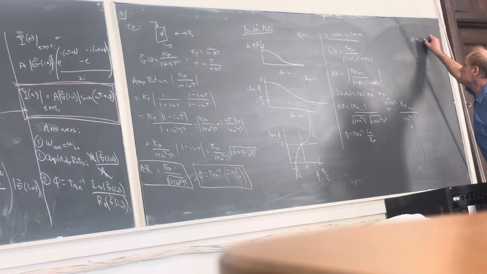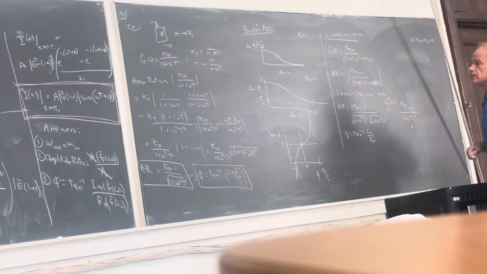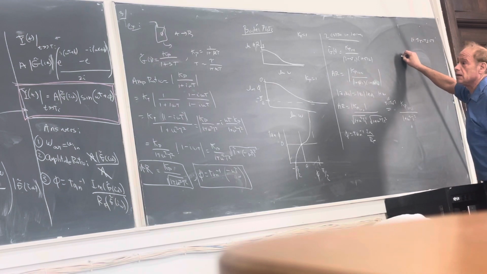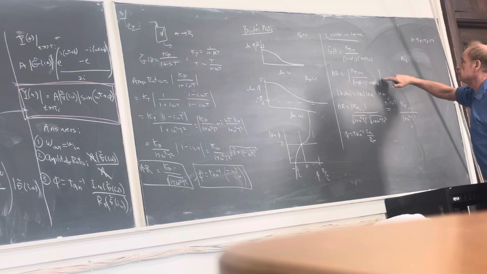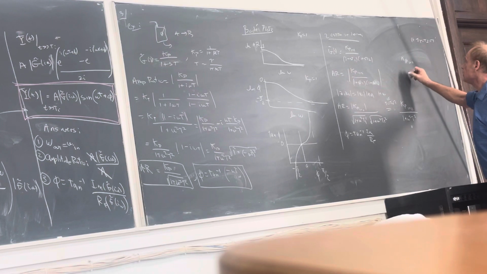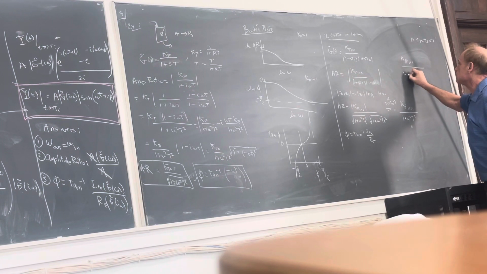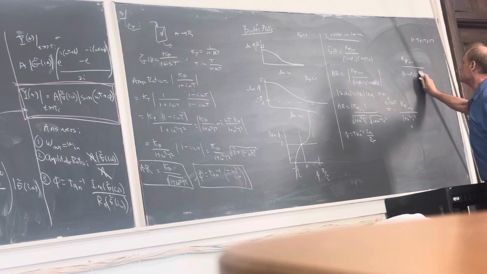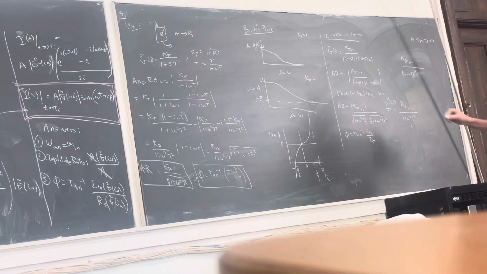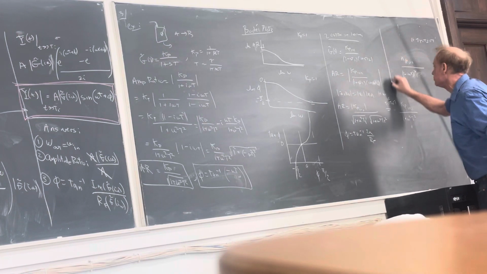If T1 equals T2 is equal to T, then I have KP 1 plus 2, and here I have 1 plus I omega T1, 1 plus I omega T squared, because I'm looking at the case of T1 equals T2.